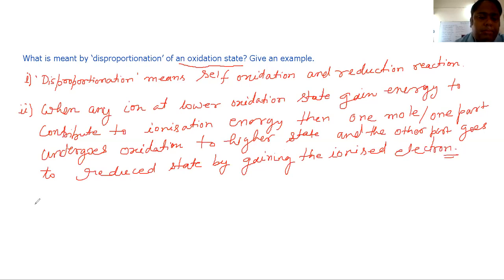Example A, 2Cu2 plus ion, 2Cu1 plus ion.